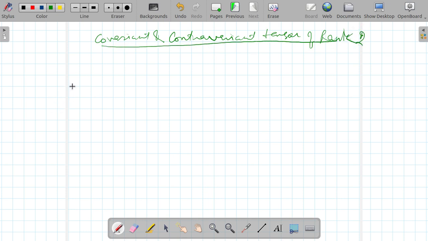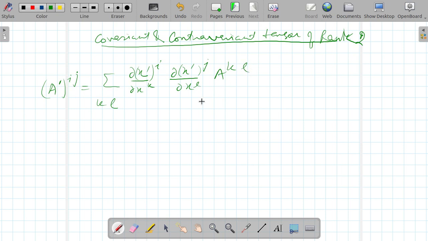To define them, there are three possibilities. A prime ij equals the sum over k and l of partial x prime i over partial xk times partial x prime j over partial xl times Akl. This is one way to look at it.